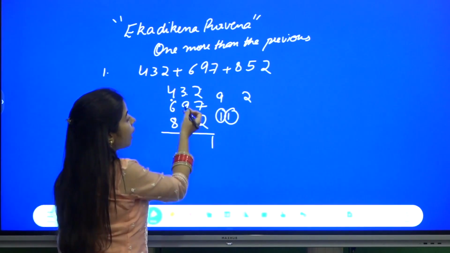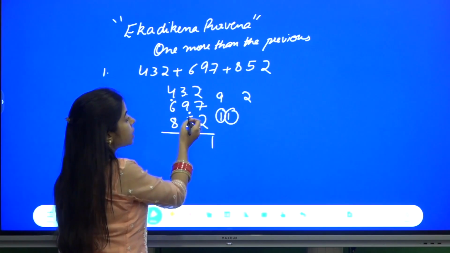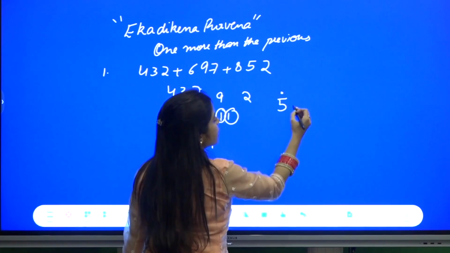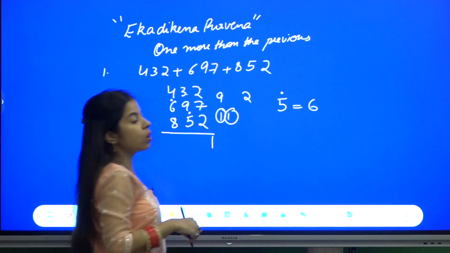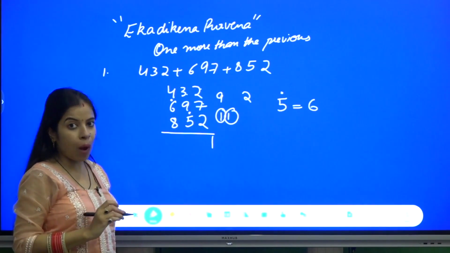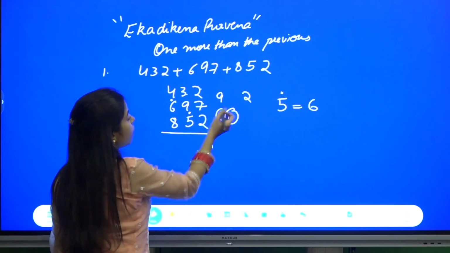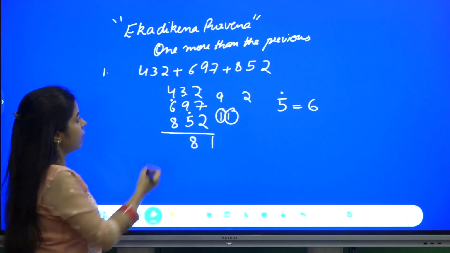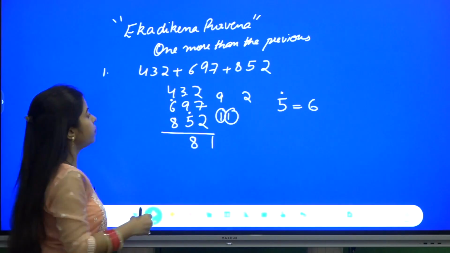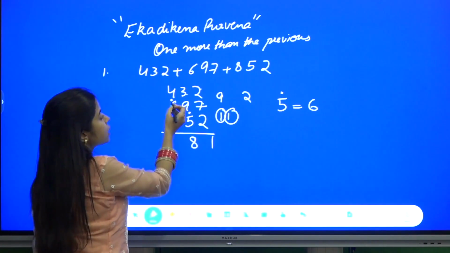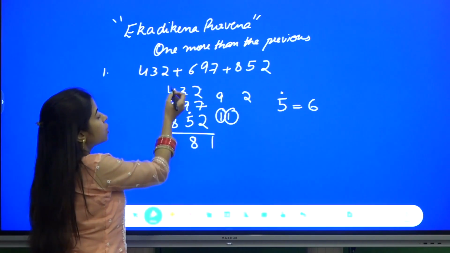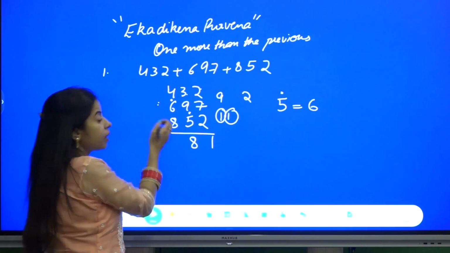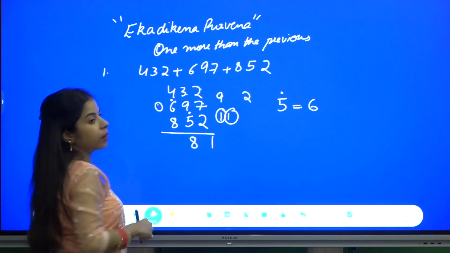So, 2 plus 5 dot, 5 dot here is 6, because dot is 1, and so it will become 2 plus 6, 8. Now, the last column, 4 plus 6 dot is 7. So, 4 plus 7 is 11. There is no digit over here, so we are going to place a 0 over here.